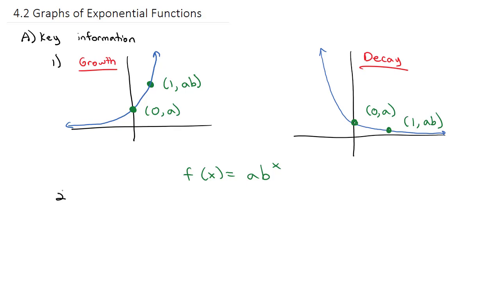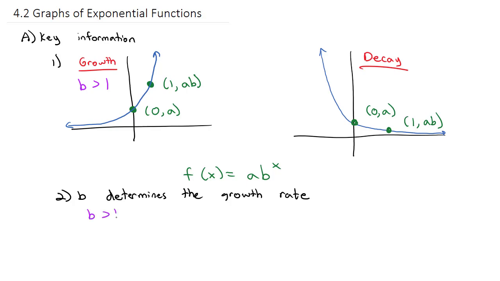Now, the important thing on here, and you can kind of see it on this graph, is b determines the growth rate. In this first graph on the left, the b is going to be greater than 1.